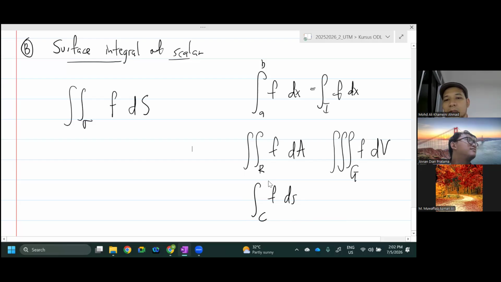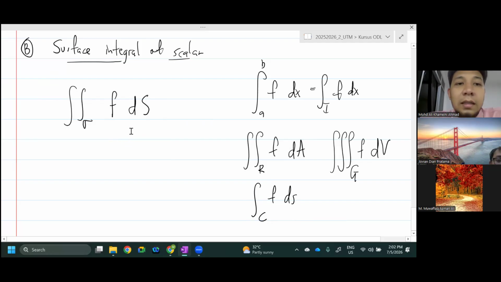And to extend, instead of a planar space, this R here is always on the XY plane, if you recall. And this one is any surface. So you can understand this is a generalization of the double integral.